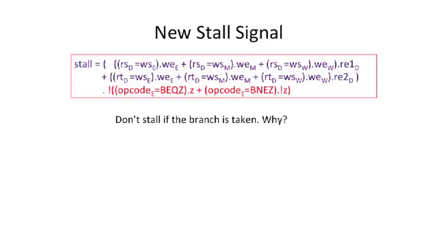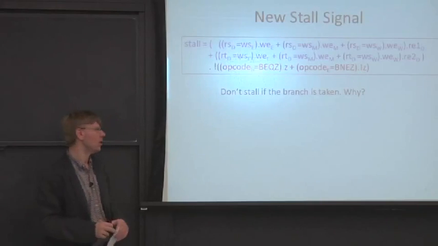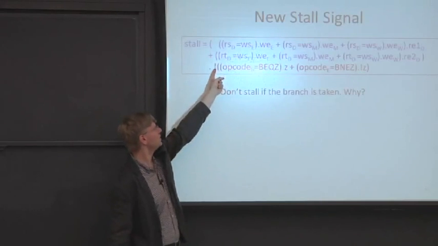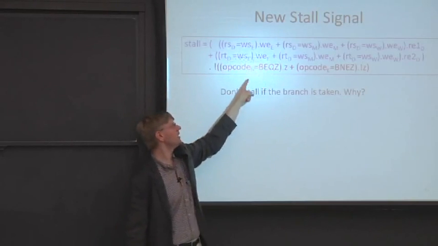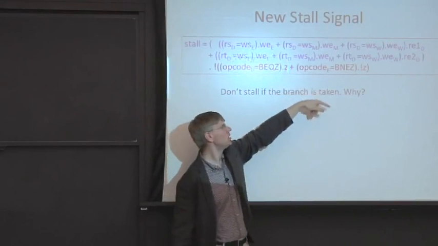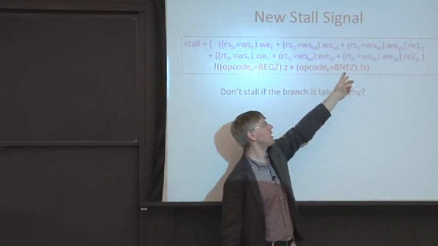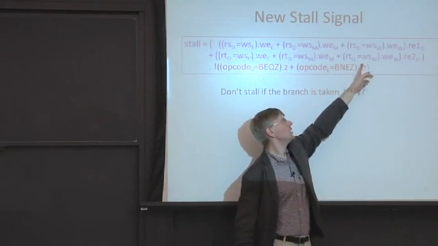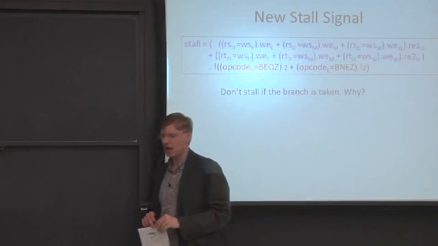We add a branch term. We need to know whether there's a branch going on here, because we need to unstall the processor if the branch is taken. So we're going to add a term, which is effectively a branch zero and the value is zero. Likewise, a branch not zero, and the value is not zero.